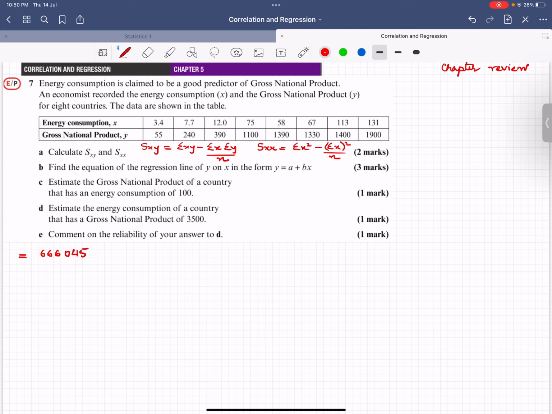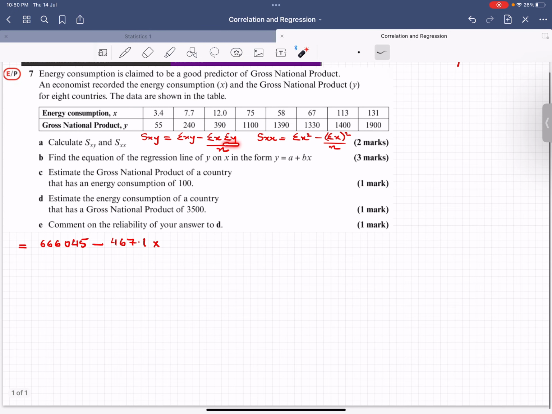That was sigma XY minus sigma X. So sigma X is all the X values added. I've already calculated these values. Sigma X is 467.1, multiplied by sigma Y. Sigma Y is all the Y values added, which is 7,805, divided by the total number of entries, which is 8.